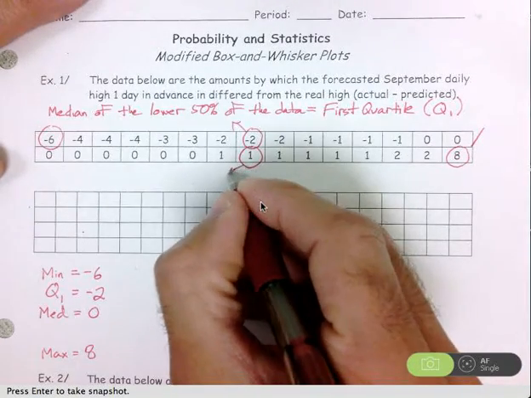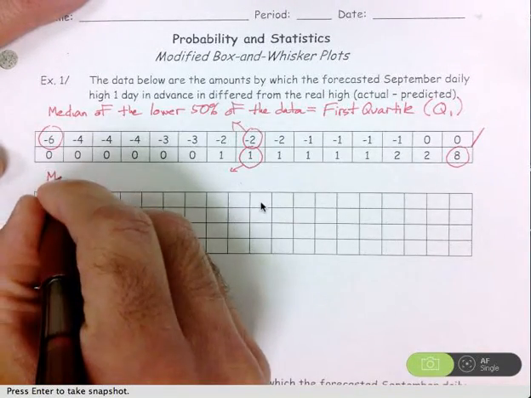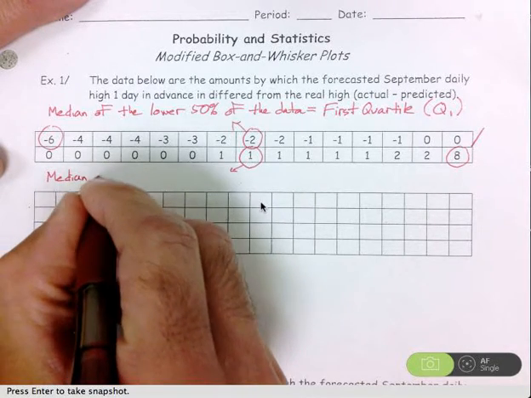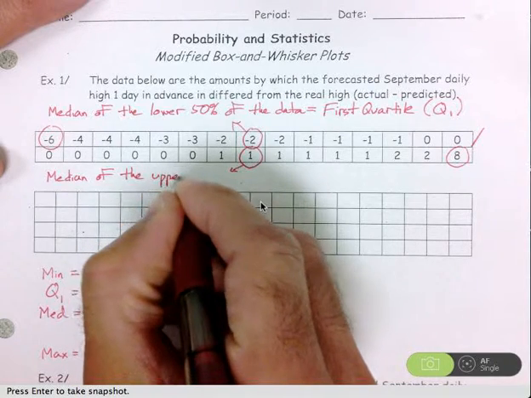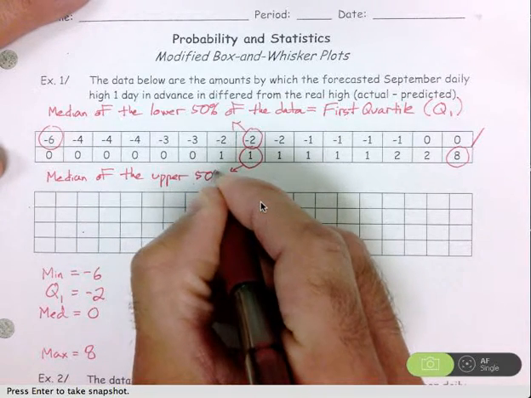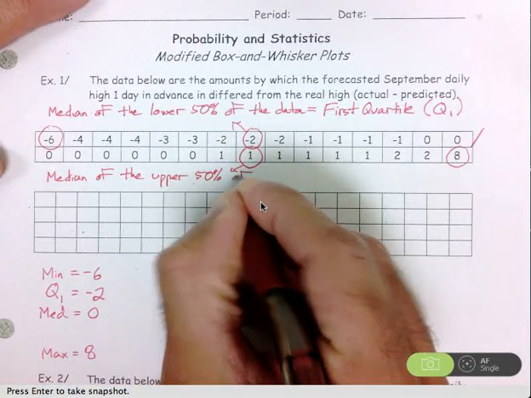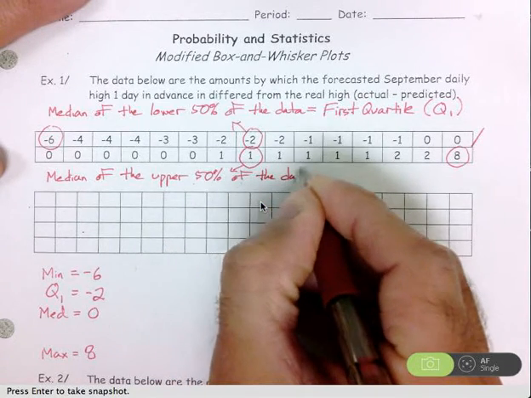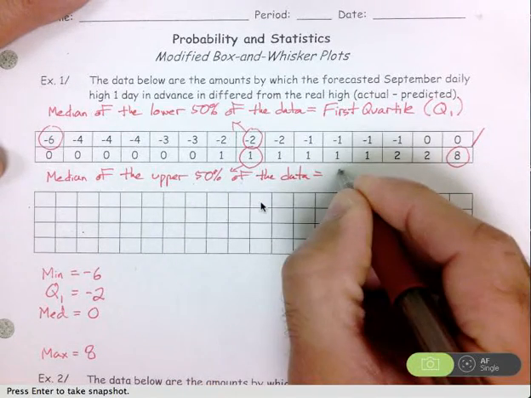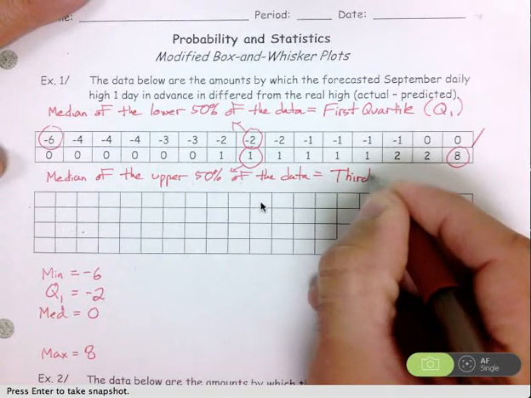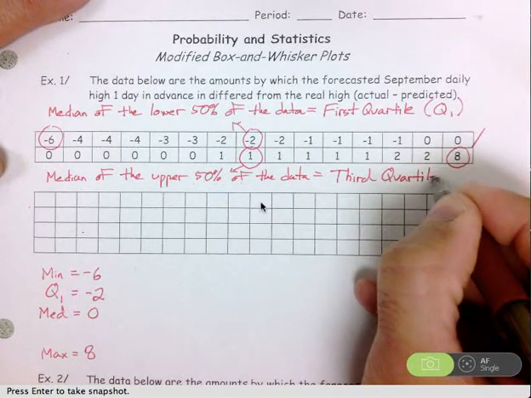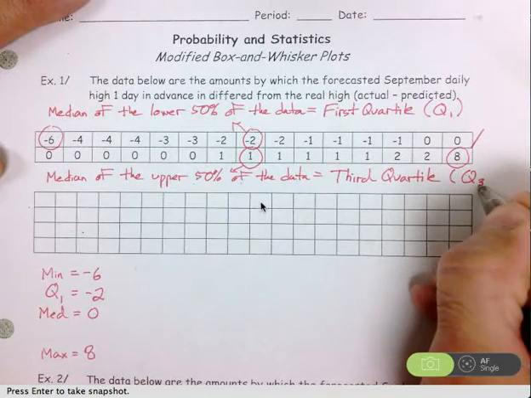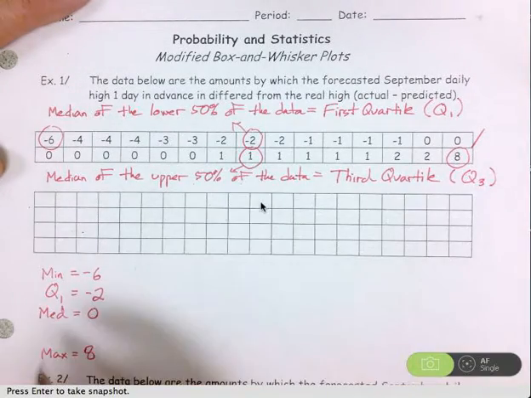This is the median of the upper 50% of the data. This is called the third quartile, or Q sub 3. That's a 1.